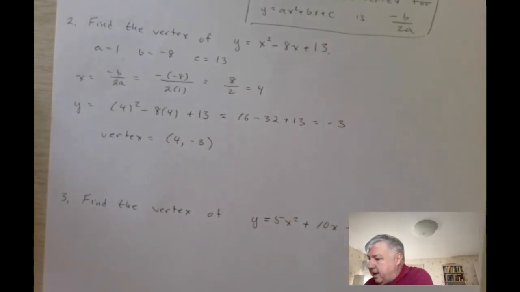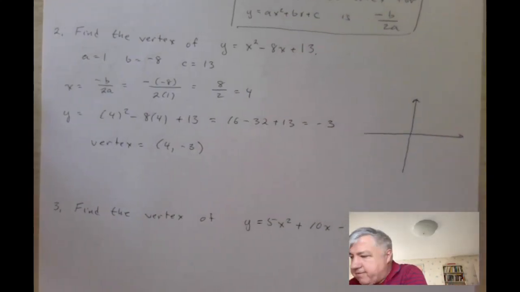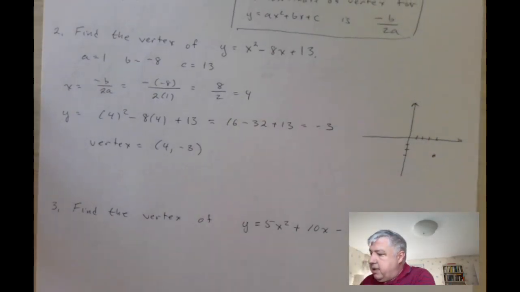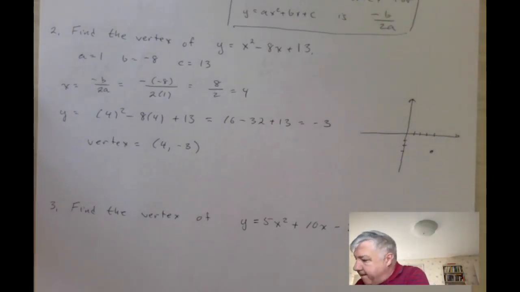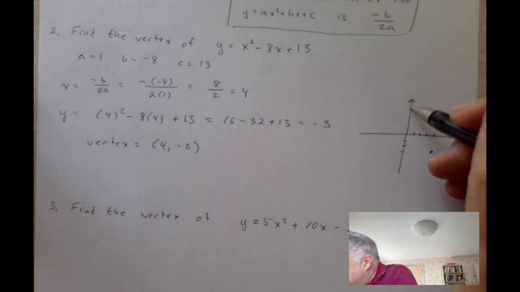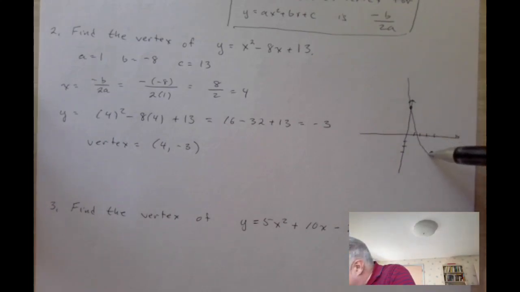Okay, and then if we wanted to sketch the graph of that, here's 4, here's negative 3, and it's right there. It opens up, and we know the y-intercept is 13, so it's going to look like this.